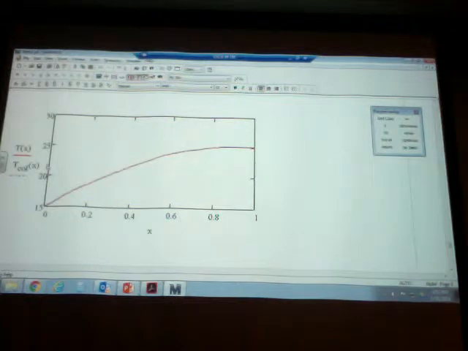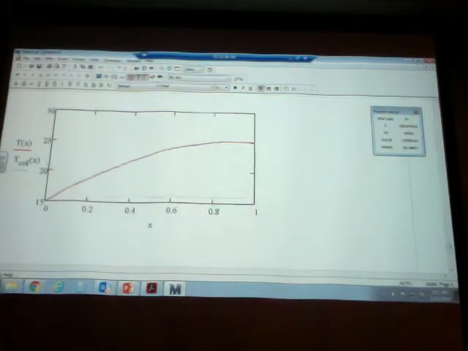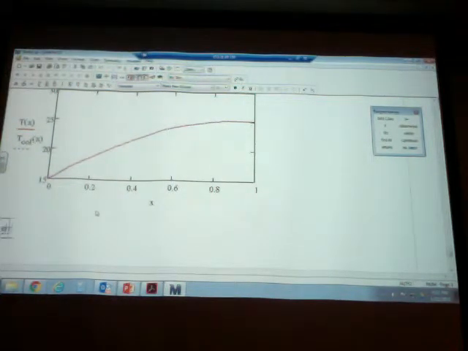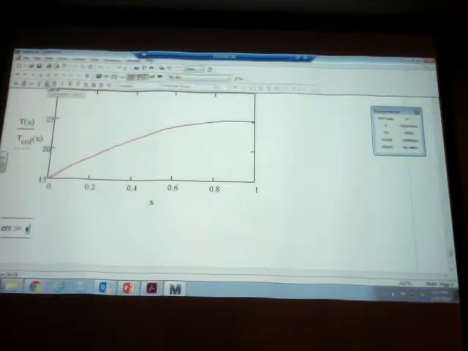Okay, it looks good. But we also need to quantify how good it is. A qualitative comparison doesn't mean much unless you attach a number to it. Well, what's the error? Okay, we can define the error. Let's say error is equal to, let's say, the sum of the squares. It's a standard deviation, right?